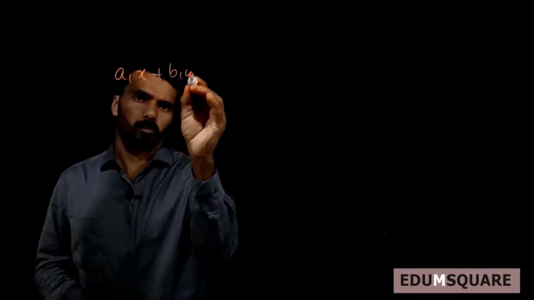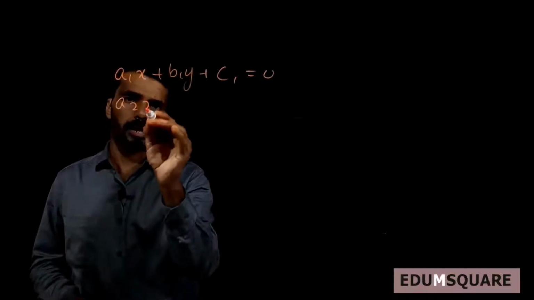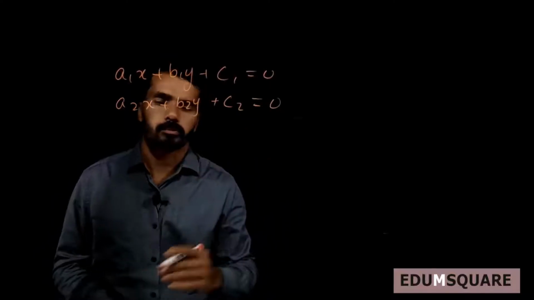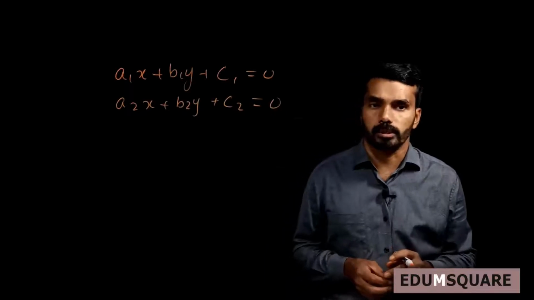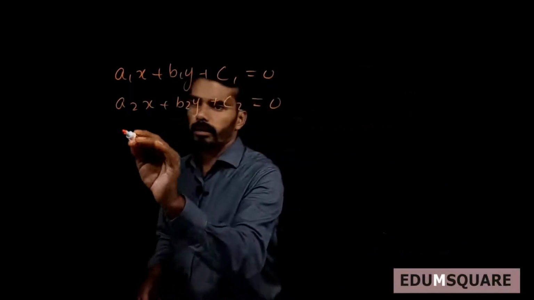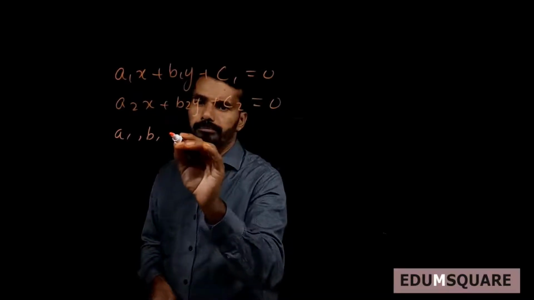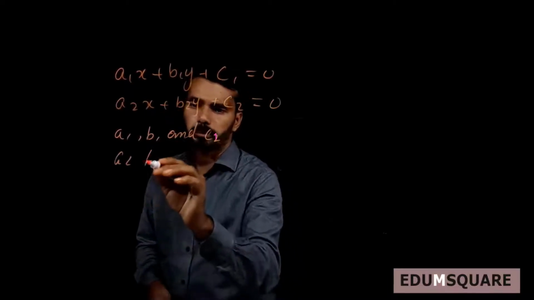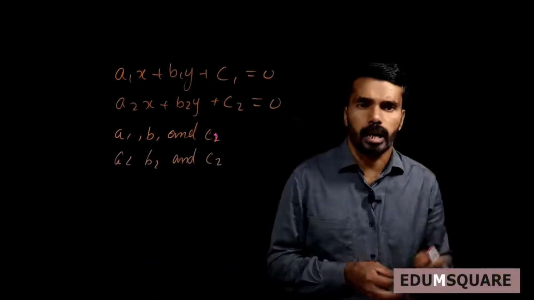Yes, a1x plus b1y plus c1 is equal to 0, then a2x plus b2y plus c2 is equal to 0. This is the general form of a pair of linear equations in two variables where a1, b1 and c1, similarly a2, b2 and c2 are real numbers, and one more condition is there.